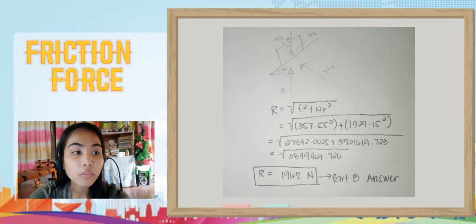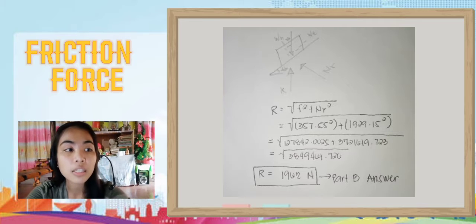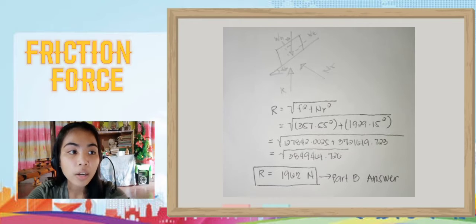The square root of 357.55 squared is equal to 127,842.0025 plus 3,721,619.723, which is the square of 1,929.15.